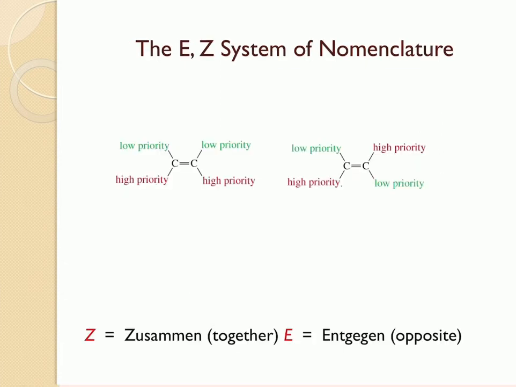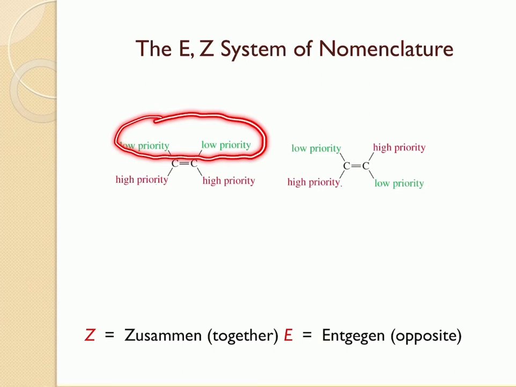The E,Z system of nomenclature was devised for alkenes that do not have a hydrogen attached to the sp2 carbons. Now, in order to name the alkenes with the E and Z configuration, we have to look into the relative priorities of the different groups that are attached to the sp2 carbons. If the two high priority groups are going to be on the same side of the molecule, then it is in Z configuration.